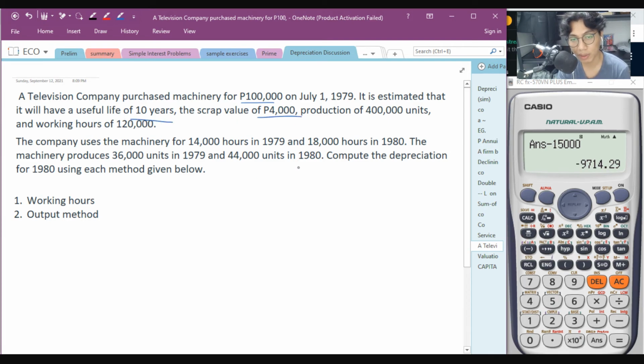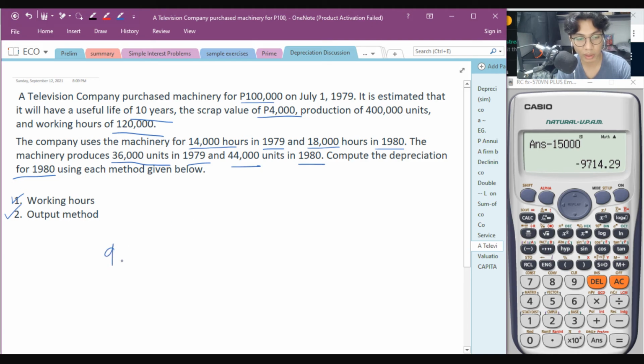The scrap value is 4,000 pesos and the production of 400,000 units and working hours of 120,000 hours. Now, the company uses the machinery for 14,000 hours in 1979 and 18,000 hours in 1980. The machinery produces 36,000 units in 1979 and 44,000 units in 1980. We compute the depreciation for 1980 using each method given below. So, number 1, use the working hours, and number 2, the service output method.